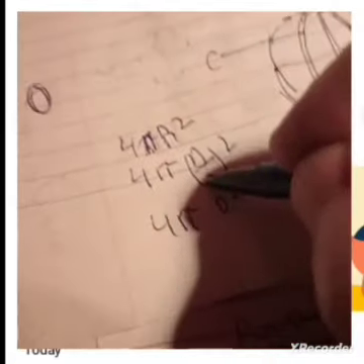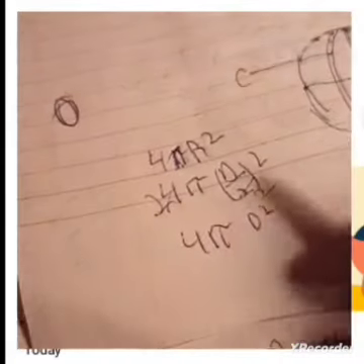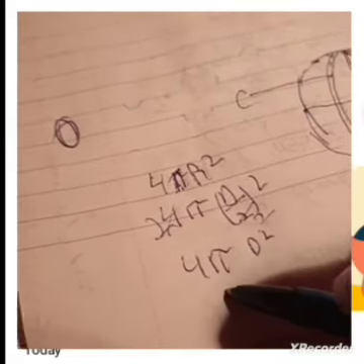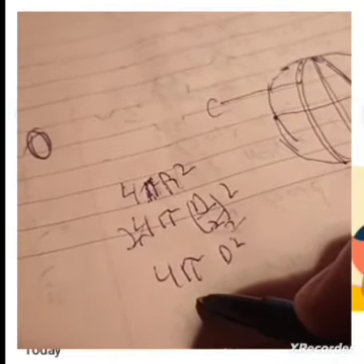R squared is 4 pi, diameter divided by 2 squared, and that equals 4 pi d squared over 4.